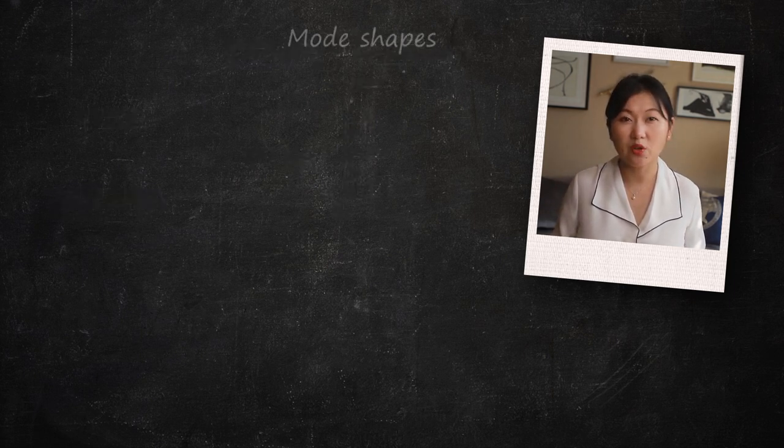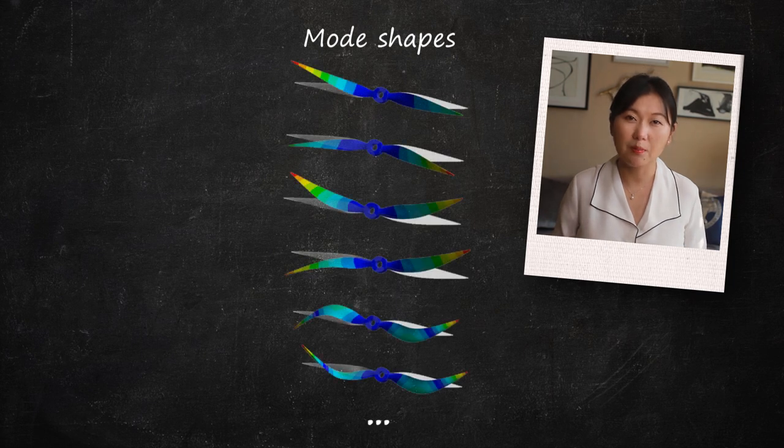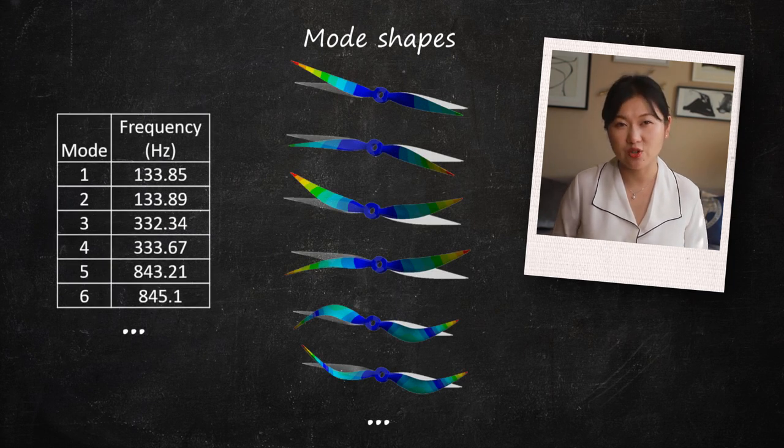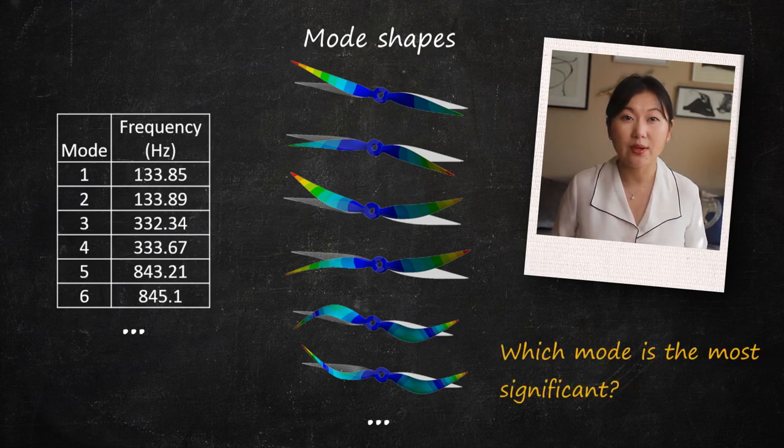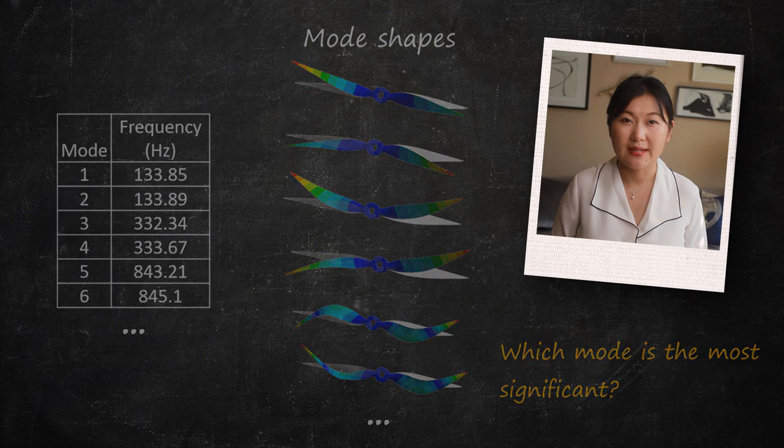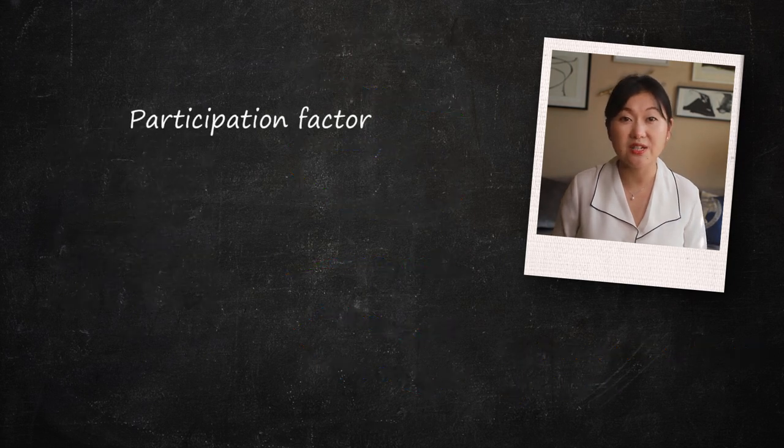When we perform the modal analysis, we generally get multiple modes or frequencies for a given structure. Out of all these modes, it is important to determine the most significant mode. But how can we identify such a mode? This can be done by understanding the participation factors for the various modes.